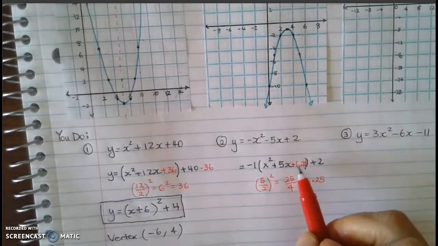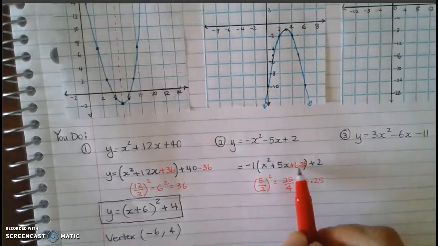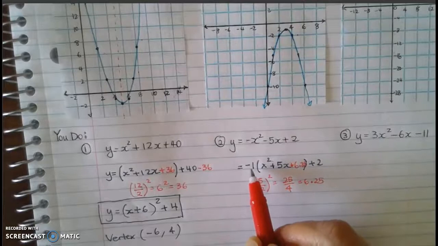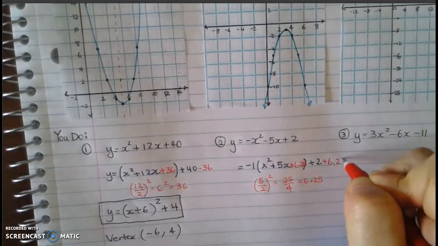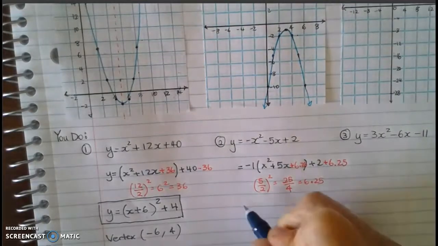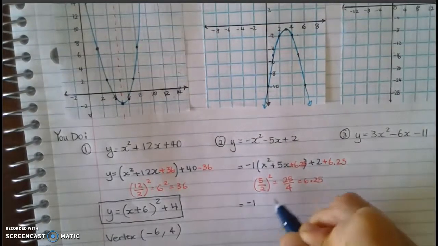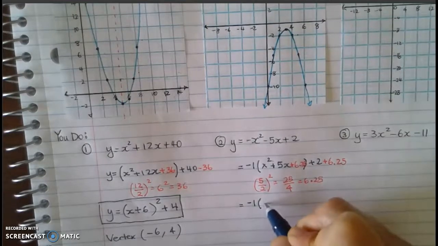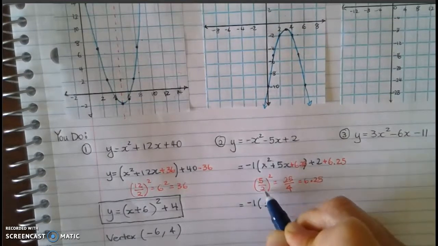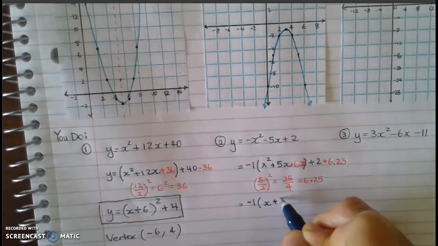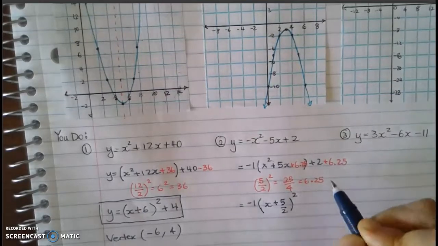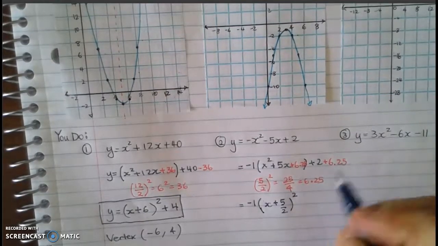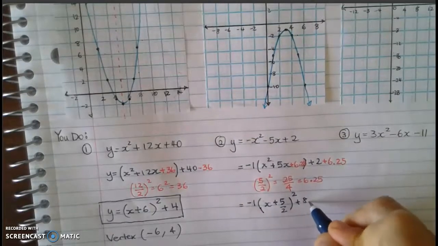Okay, so inside the parentheses, I've added 6.25, but to the equation, I've actually subtracted 6.25, so I need to add that back. Add 6.25, and that leaves me with negative 1, and the parentheses simplify to x plus 5 over 2 all squared, and 2 plus 6.25 is 8.25.